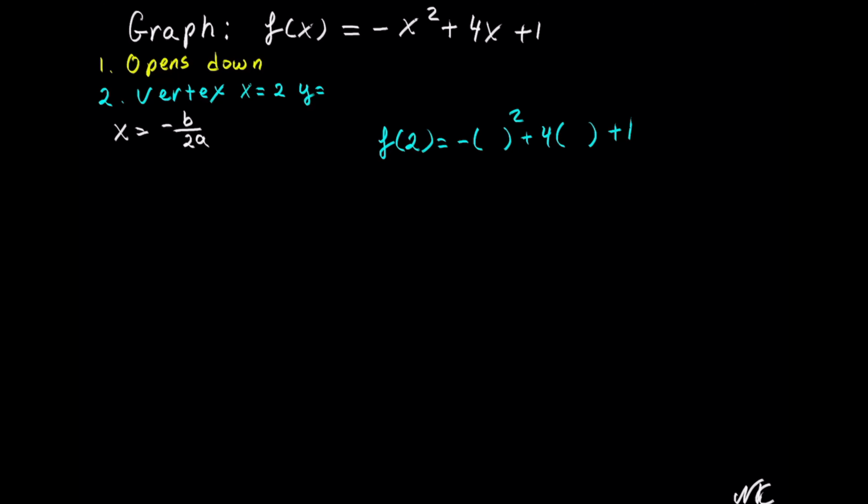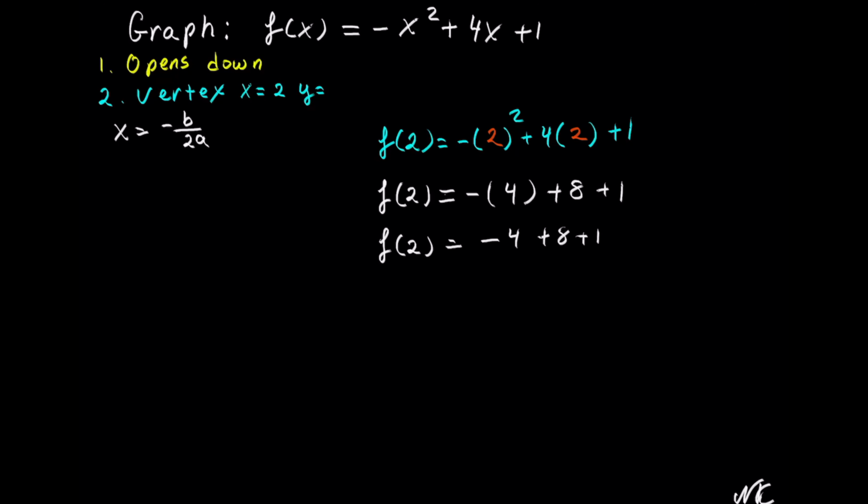So f of 2 is equal to negative 2 squared plus 4 times 2 plus 1, which is negative 4 plus 8 plus 1, which is 5.